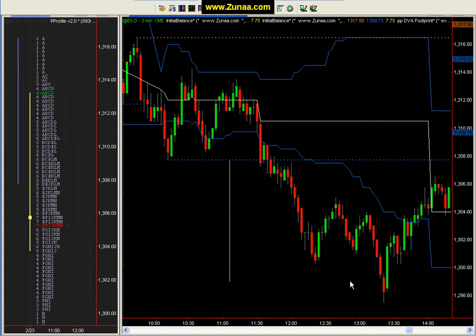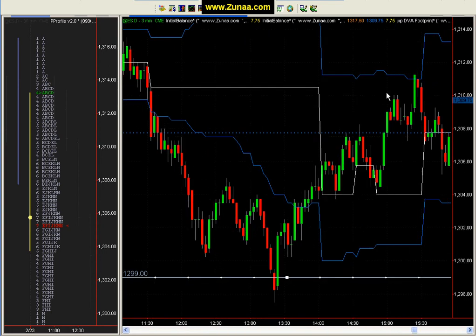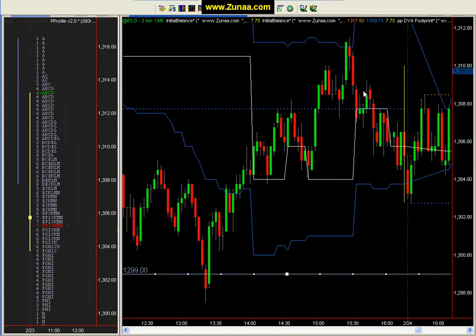We can see that would have made a great profit target, whether you took the trade as we broke out of it and tried to expand the initial balance low towards the downside, or whether you went short in these areas here. It doesn't matter, but you can see that would have made a good profit target, and then we started rotating back inside the initial balance, and then we tested the value high and were rejected and closed down here.